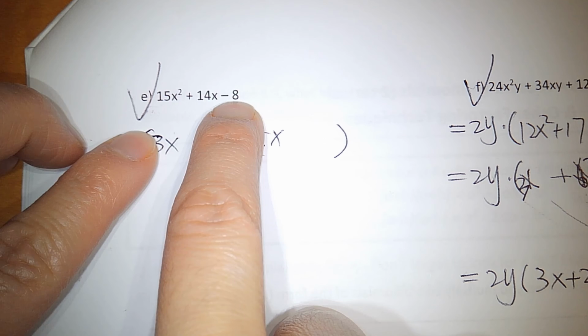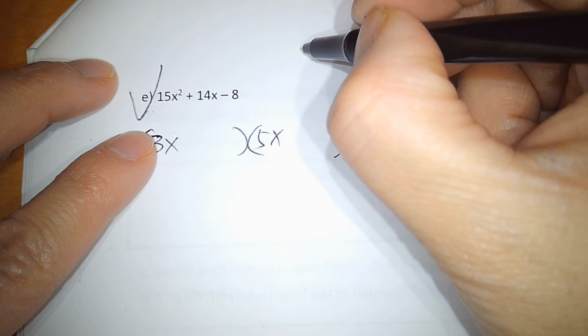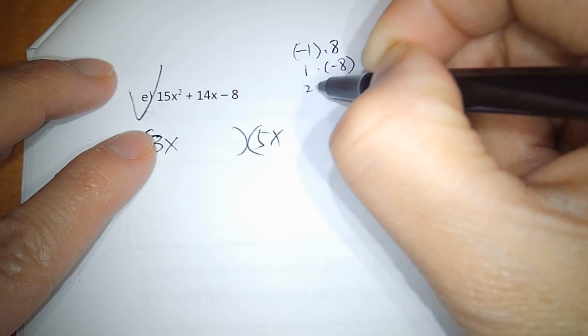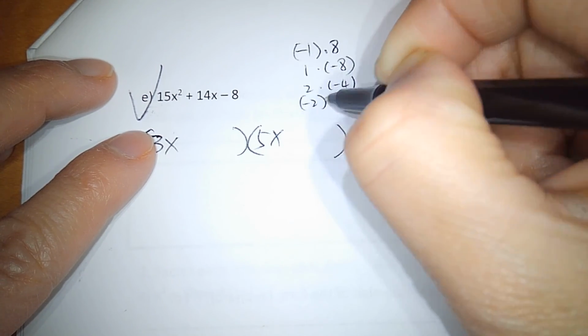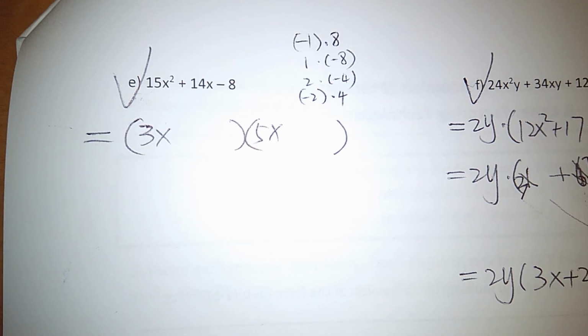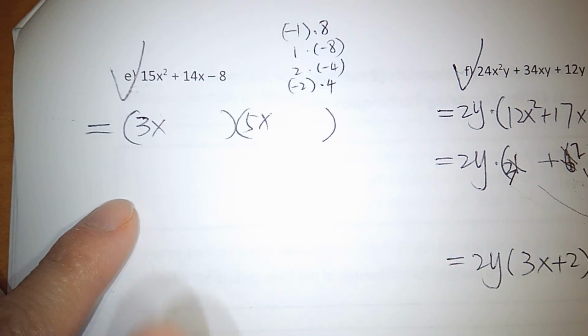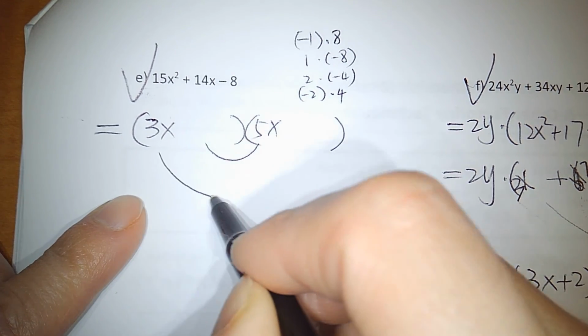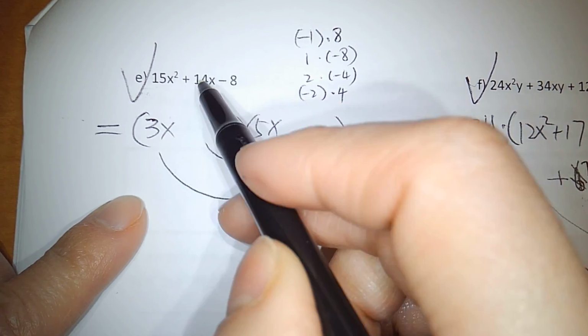Eventually we want this number times 5x plus 3x times that number, the sum equals 14x, right?